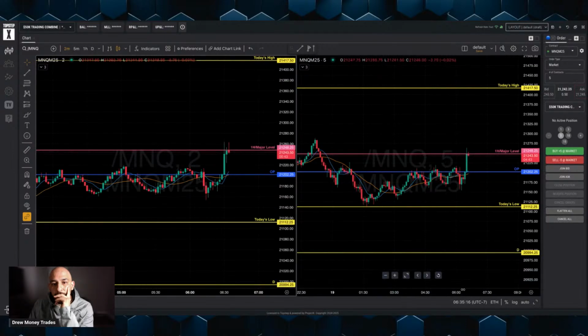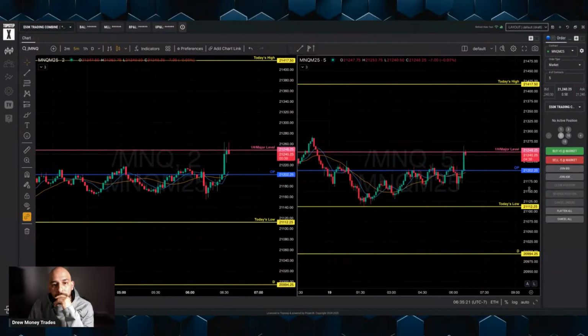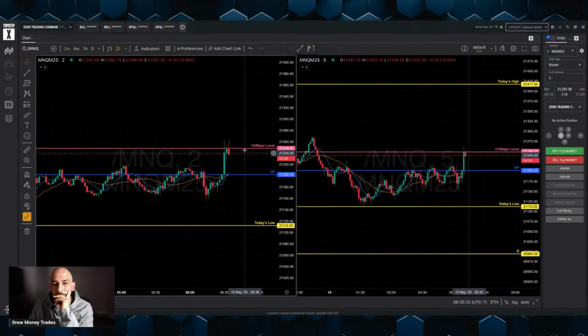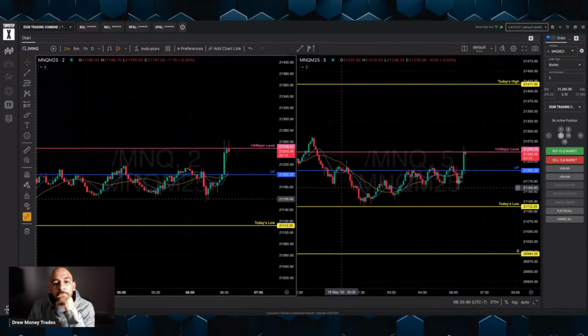Okay, I can trade now. The next candle's forming. I want a little bit more retest back up here, and if it can't break it, I'm going to go short.